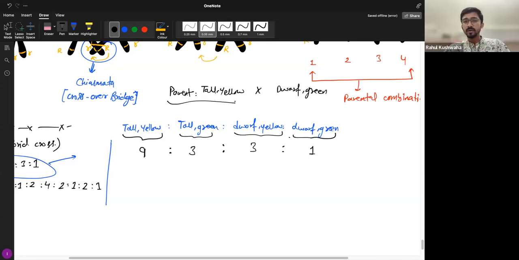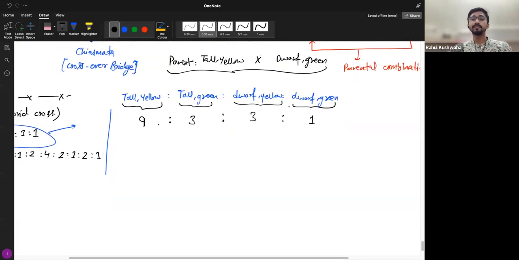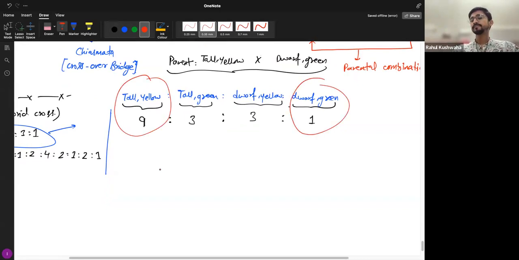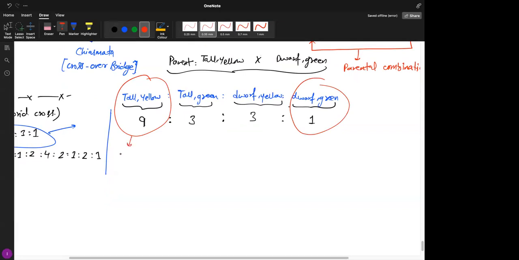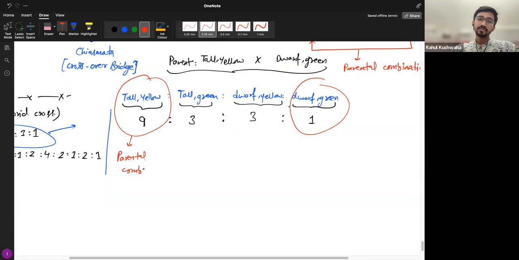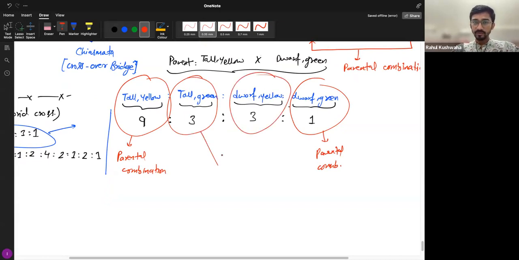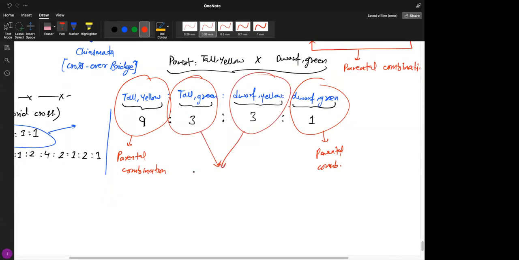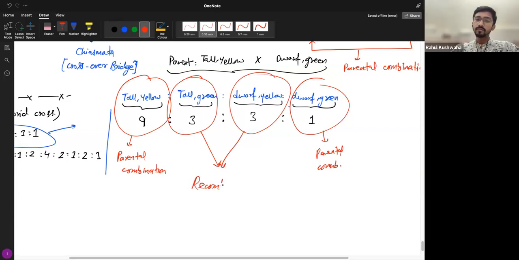Now, since you understand recombination now, tell me, which ones are parental combinations? This and this, right? Can I say this is a parental combination? And this one is also a parental combination. And what about tall green and dwarf yellow? What are these two? Recombinants.